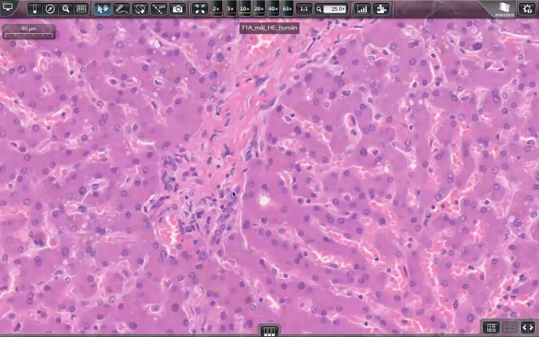That seems a Herring's canal, but it's really close to the portal triad, so eventually we can't see it's a Herring's canal.